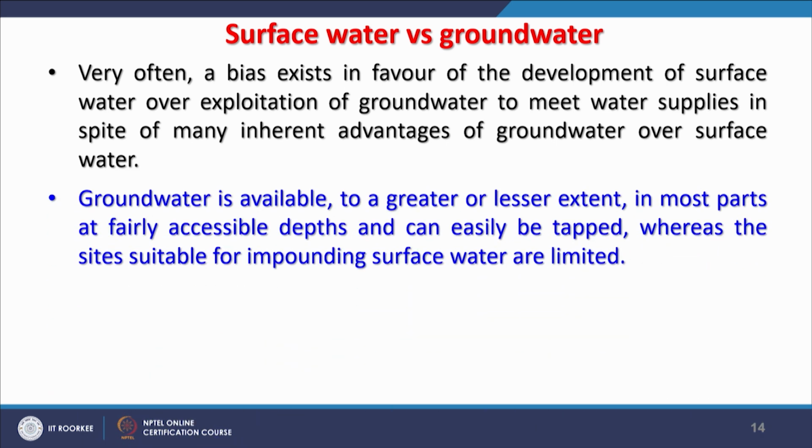And we know that groundwater is available to a greater or lesser extent in most parts at fairly accessible depth. Most parts, this is in reference to Indian conditions, and it can easily be tapped, whereas sites suitable for impounding surface water are limited. That means surface water cannot be impounded everywhere, and that means reservoirs, small or large, cannot be made in every place.